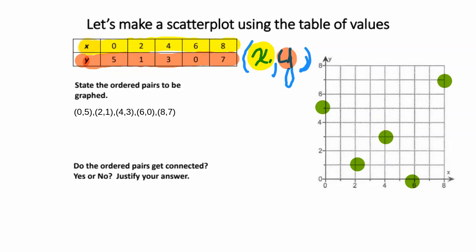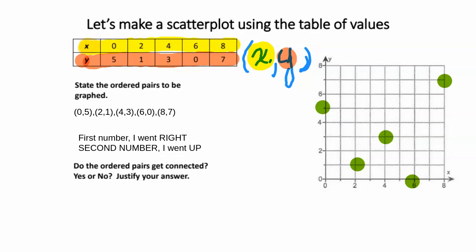Now remember, the first number is your right number. First number, I went right. Second number, I went up from where I went right. Now, it says, do the ordered pairs get connected?